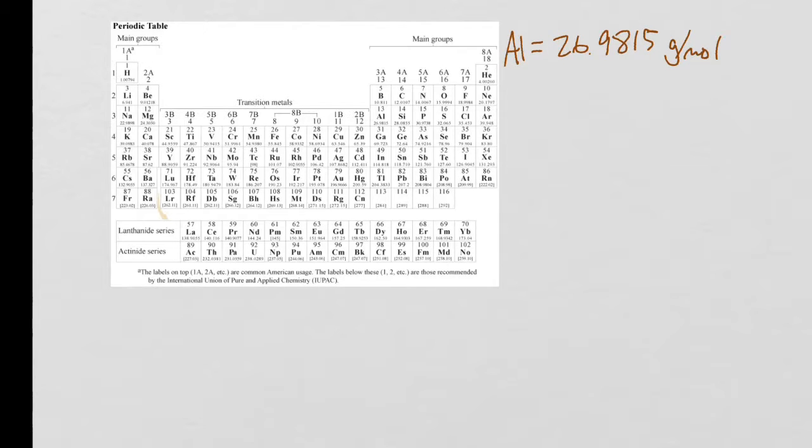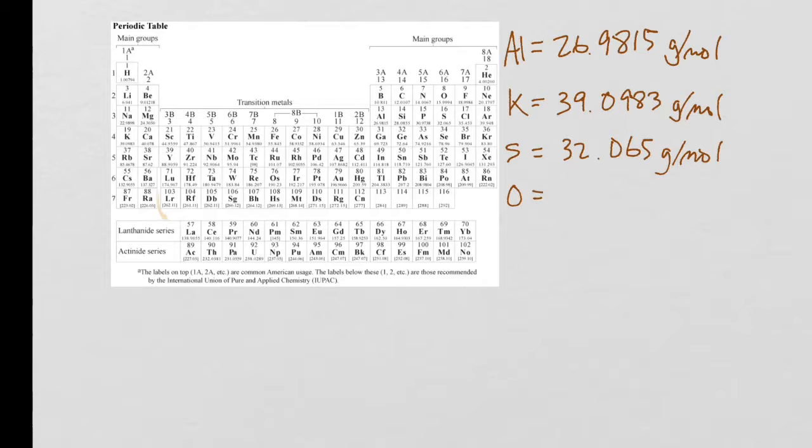We need our potassium, which is 39.0983 grams per mole, and our sulfur, 32.065, and our oxygen, 15.9994 grams per mole.